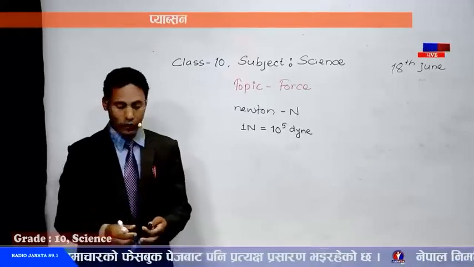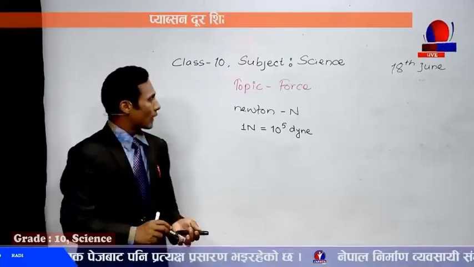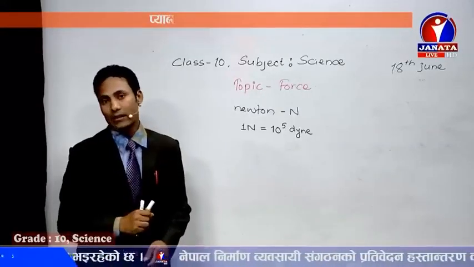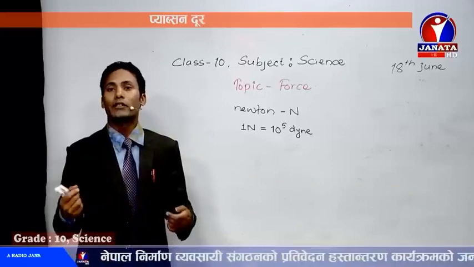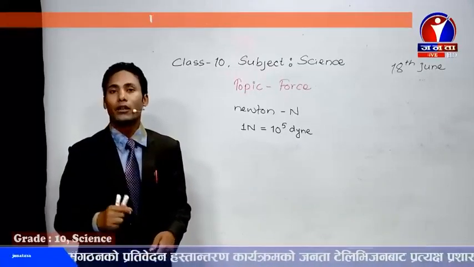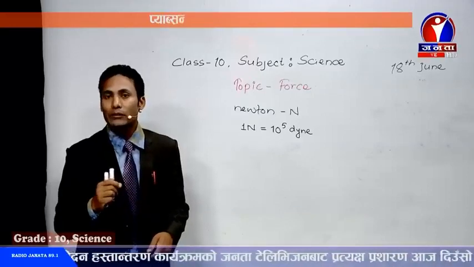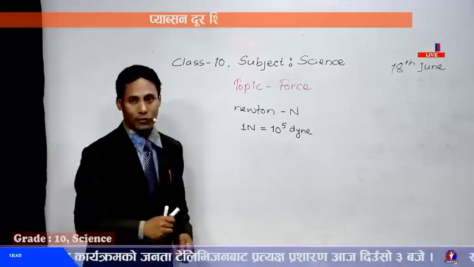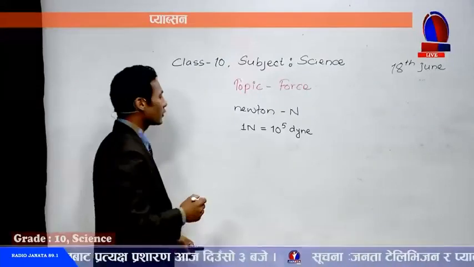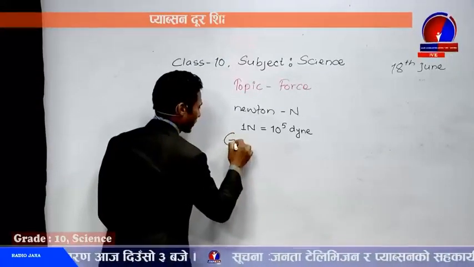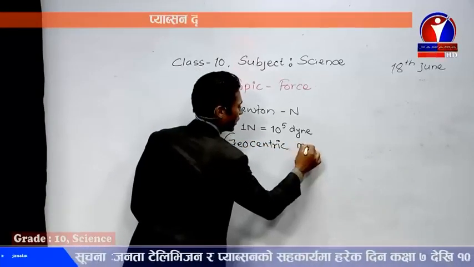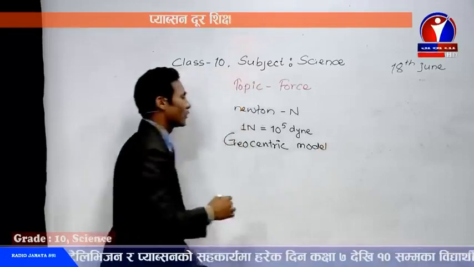Before the 16th century, people used to believe that the earth is at the center, and other heavenly bodies like the sun and other planets revolve around the earth. That was the belief of the people before the 16th century, and that belief is known as the geocentric model, also called the geocentric theory.